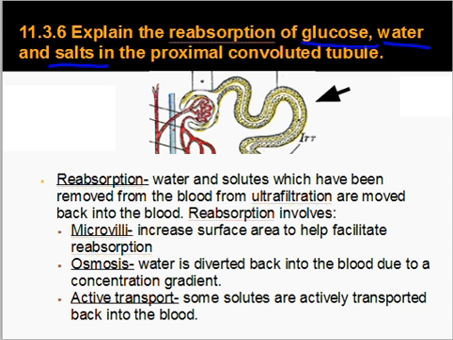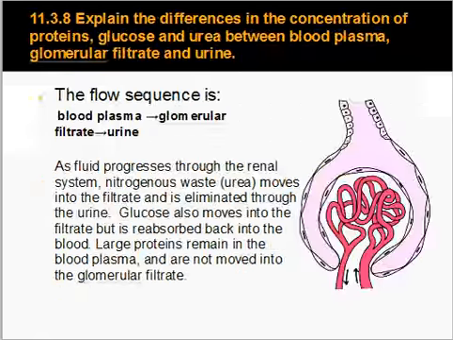Water and solutes that have been removed are going to go back in, and that involves microvilli, which have a similar structure to the microvilli in the small intestine. Active transport and also osmosis all play a role in the reabsorption of needed materials back into the blood plasma.